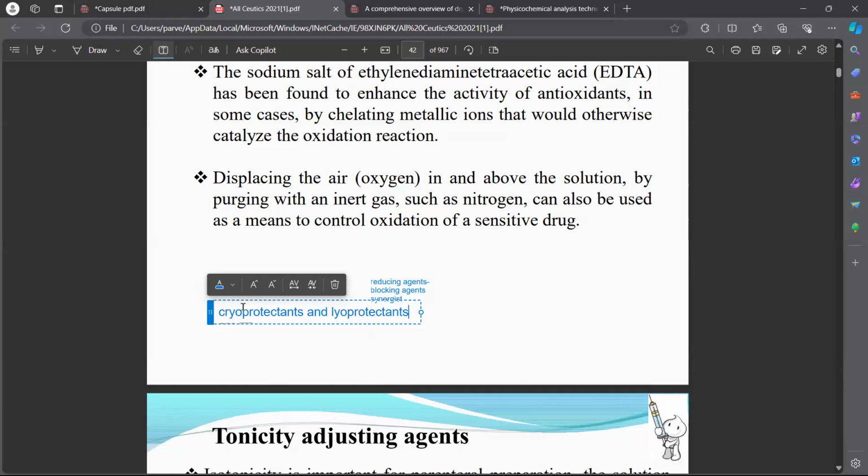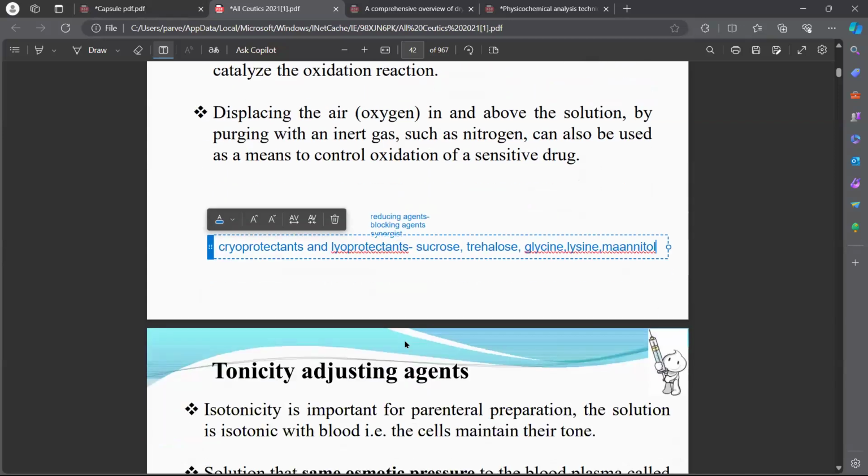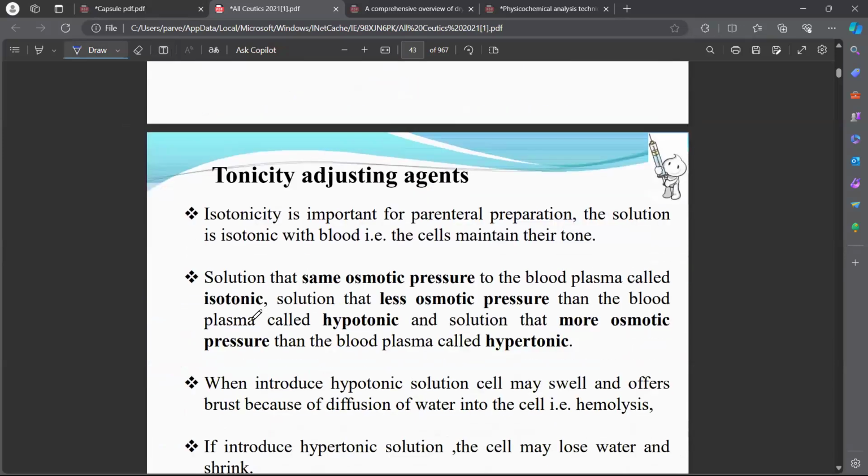Generally used cryoprotectants are sucrose, trehalose, glycine, lysine, mannitol, sorbitol. These are the different examples used as cryoprotectants and lyoprotectants.